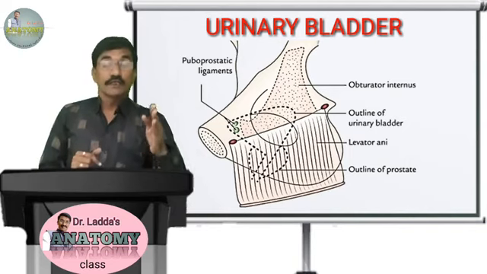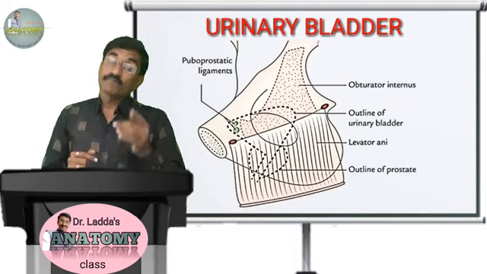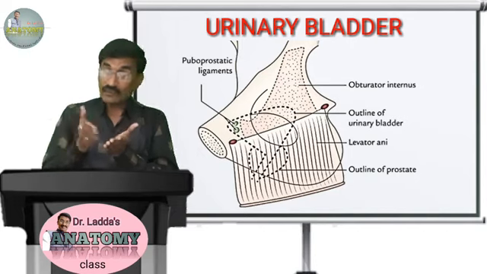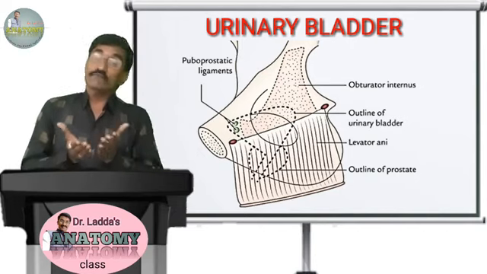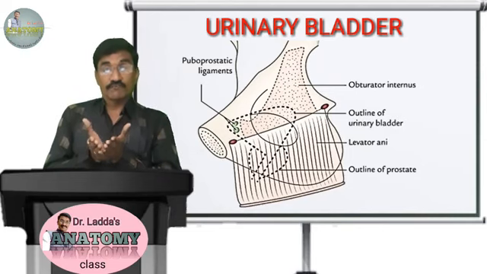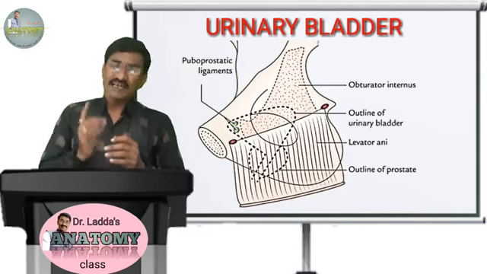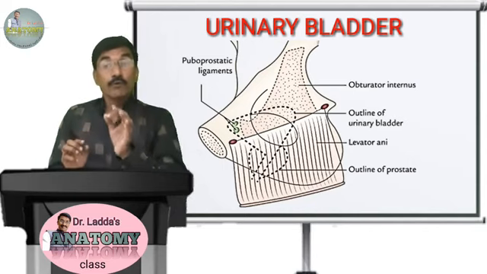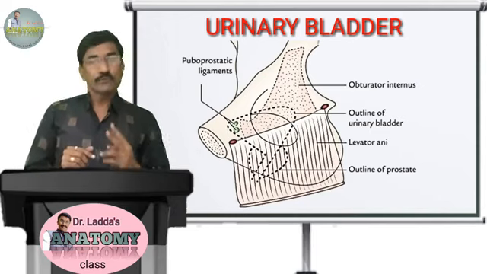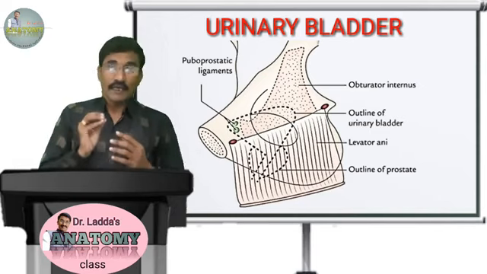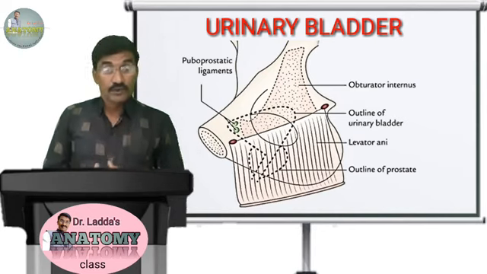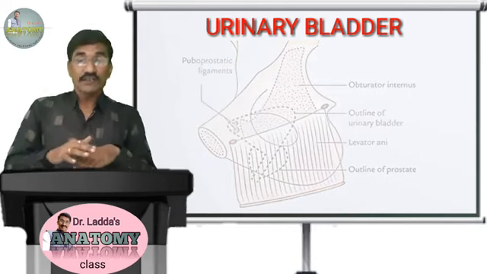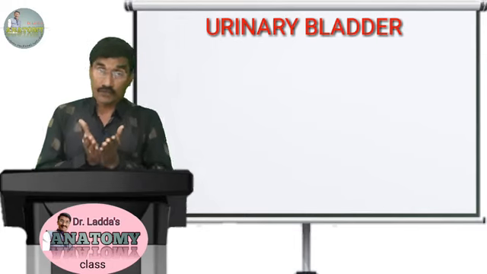In the same sense, the inferolateral surfaces of the bladder in female, because there are two surfaces, right inferolateral and left inferolateral, are related with again the pubis. Now here instead of puboprostatic you are supposed to write pubovesical ligament, and the same two muscles, which are those? Levator ani and obturator internus muscle. So these are the relations of the apex, neck, superior surface and inferolateral surface of the bladder.